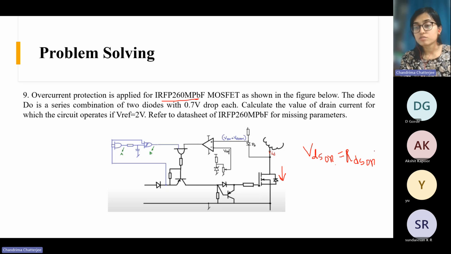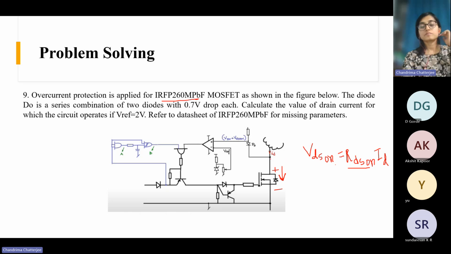So this is a linear relation. If the current through the MOSFET increases, then the voltage drop across the MOSFET also increases, right? If we assume that RDS on is fixed, then as ID increases, VDS on increases.